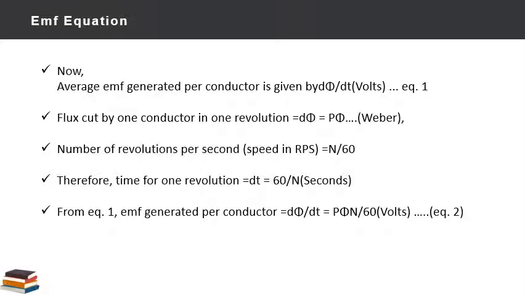Now, the average EMF generated per conductor is given by d phi by dt volt, in equation number 1.